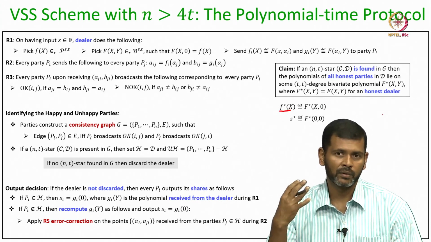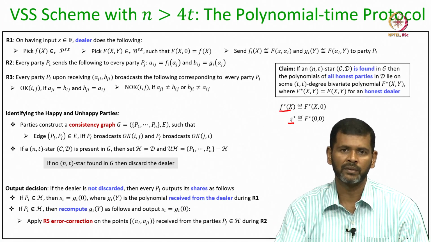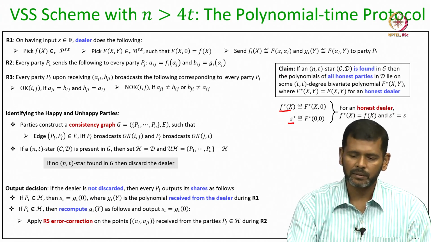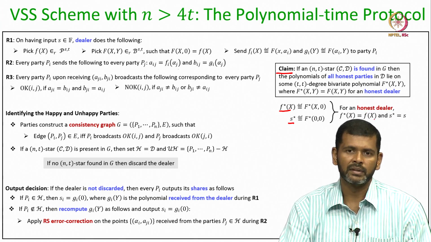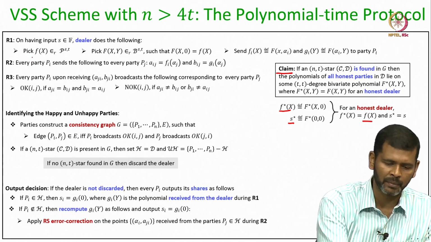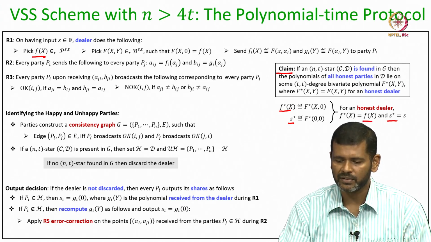We consider it to be a summary sharing polynomial, and let us focus on the constant term of this defined f star polynomial. For an honest dealer, because of this claim, we automatically get that this defined summary sharing polynomial is the f of x polynomial picked by the honest dealer, and the defined secret S star is nothing but the dealer's secret.